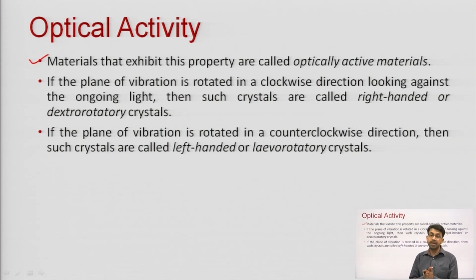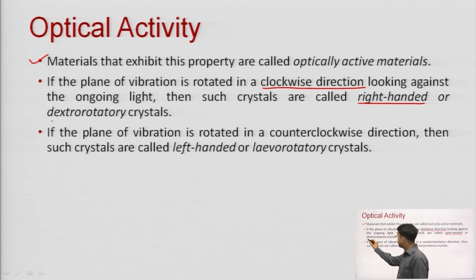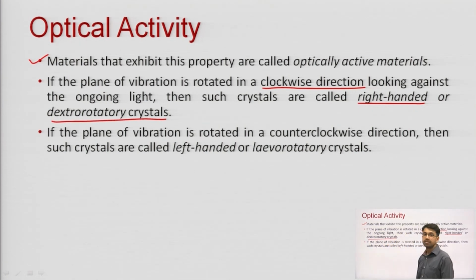Now, if the plane of polarization is rotated clockwise, or towards the right, looking against the oncoming light, then such crystals are called right handed or dextro-rotatory crystals.